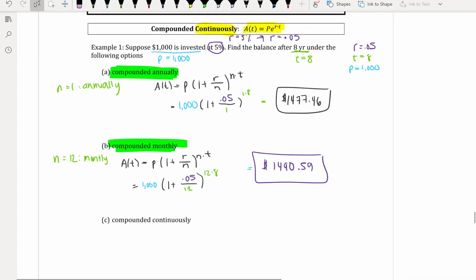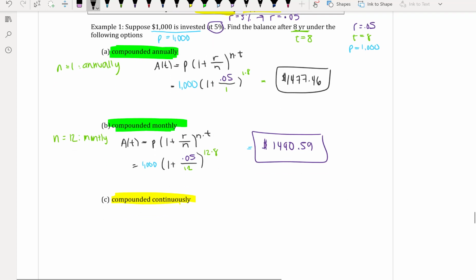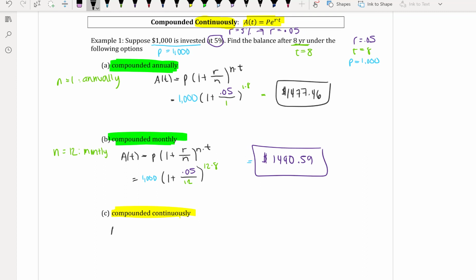So for continuously, we're going to use a different equation. Remember, continuously, that's with that E. So I'm going to rewrite it. My equation is my principal amount times E. Remember, E is just a number 2.71 something, kind of like pi, to the R times T power.